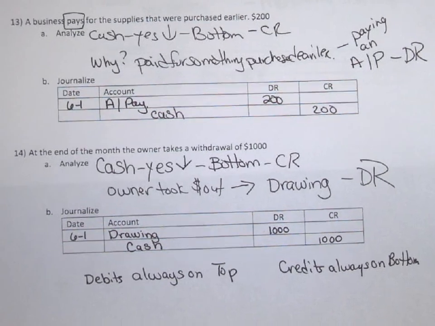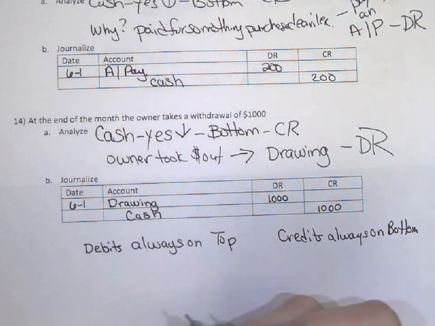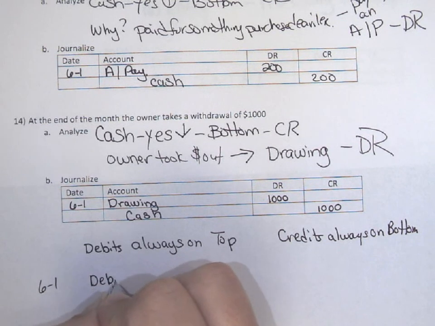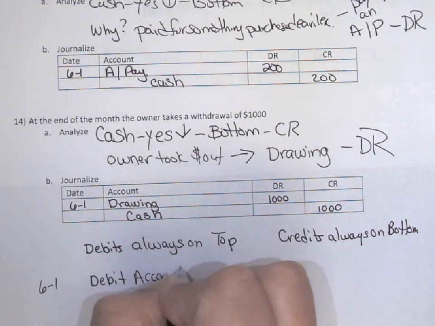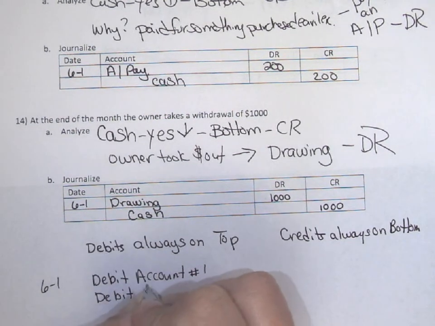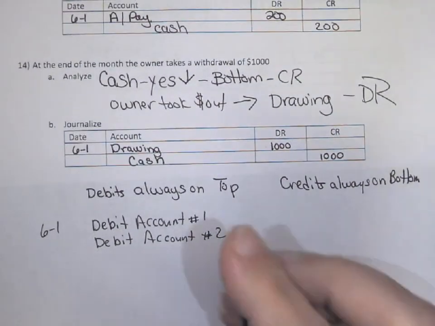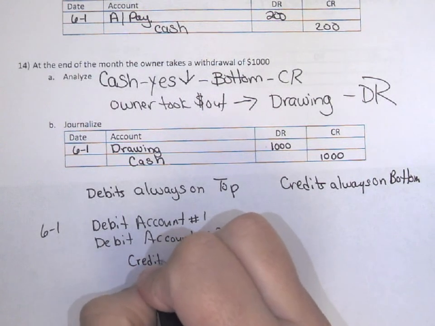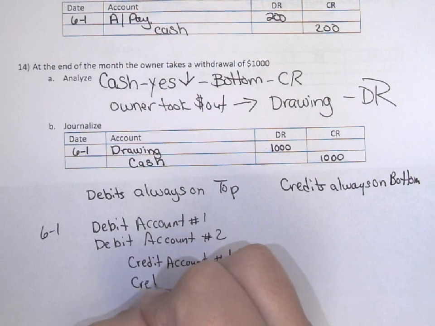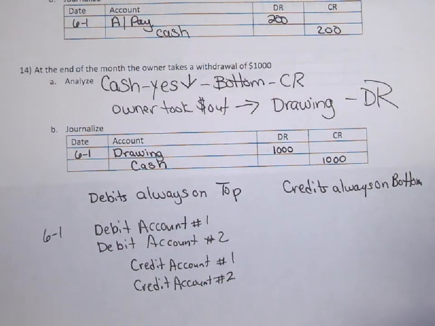So if I had multiple accounts, what I would be looking at here is I would have the date, I would have the debit account, I would have whatever other debit accounts, I would have then any credit accounts, and I could have more than 4 if I wanted to.